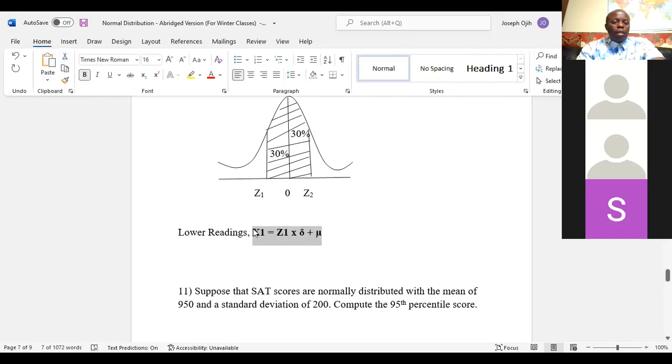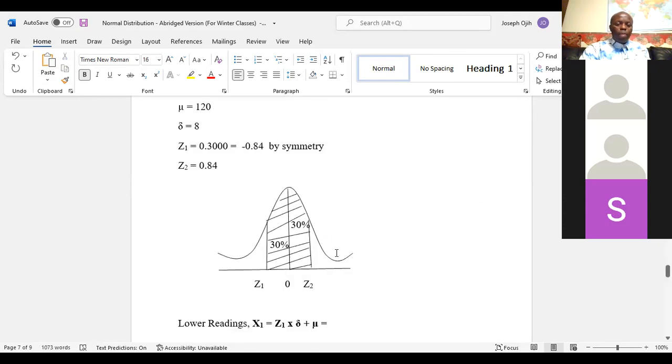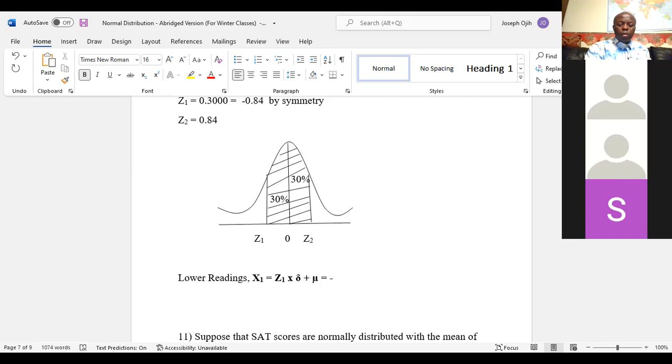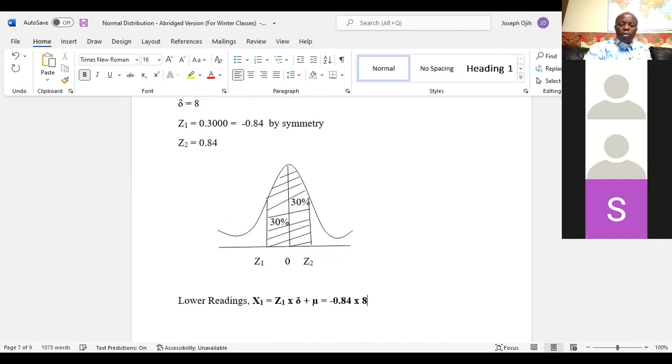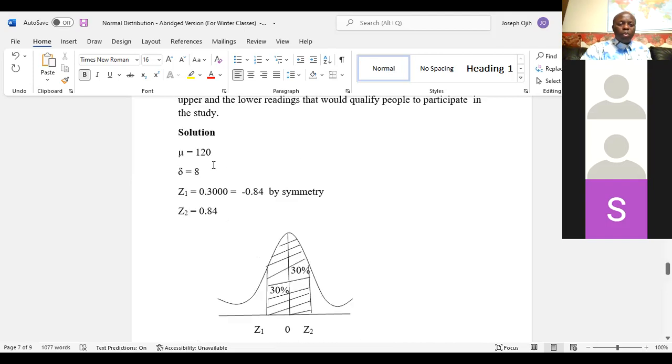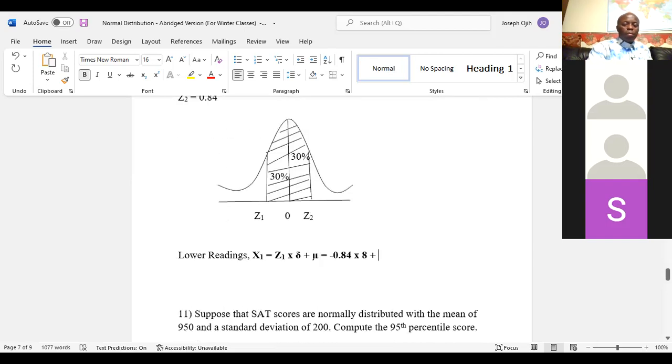Okay, now I can have this x1, z1, which means x1 equals our z1, negative 0.84, times standard deviation of 8, plus the mean, which is 120.